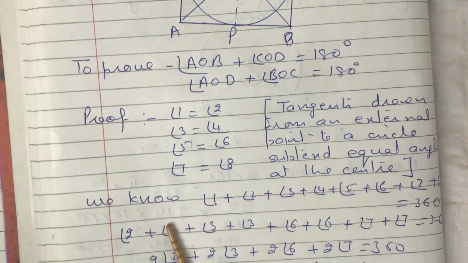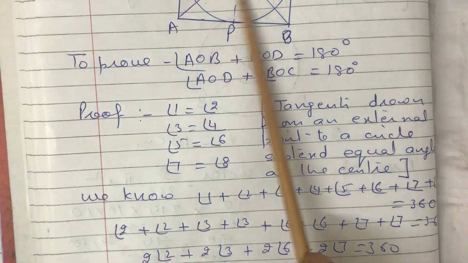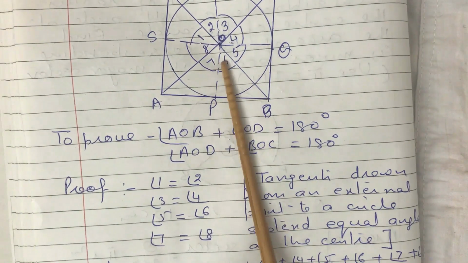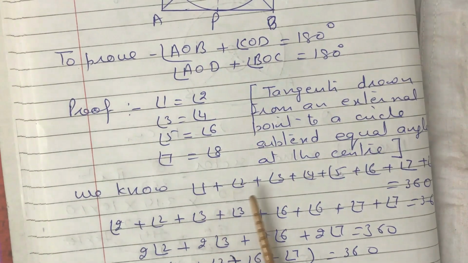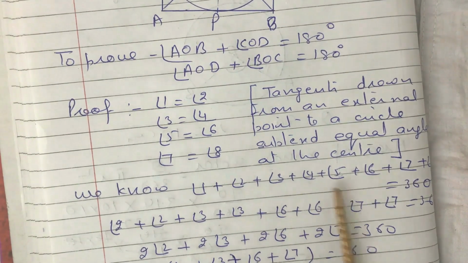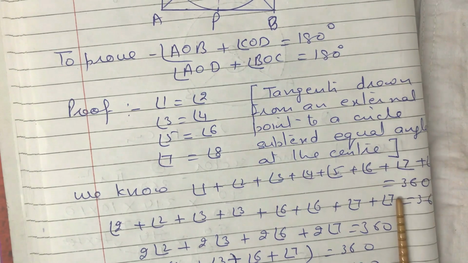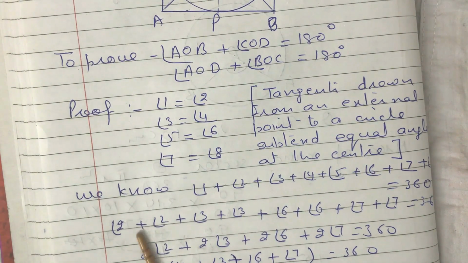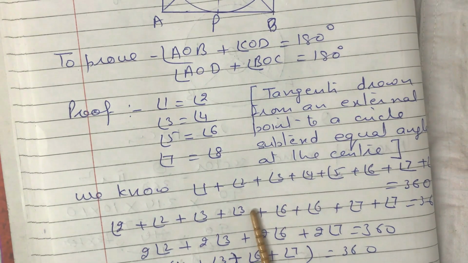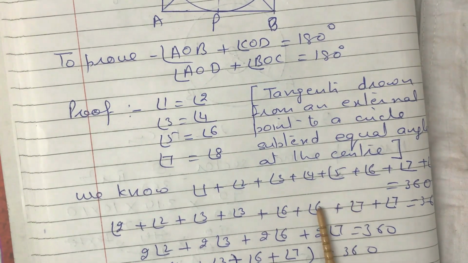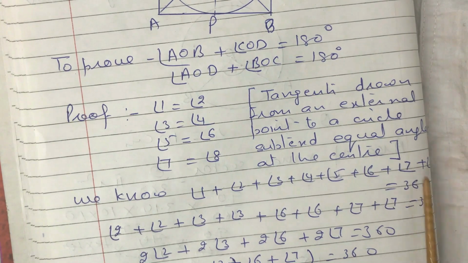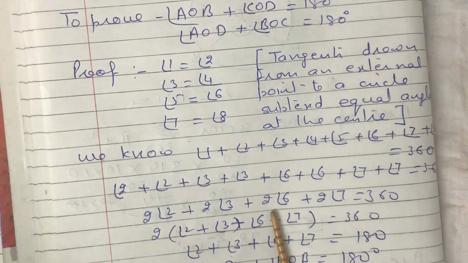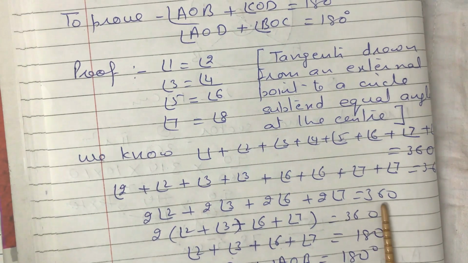We also know the sum of all these angles is equal to 360. So angle 1 plus angle 2 plus angle 3 plus angle 4 plus 5, 6, 7, 8 is equal to 360. So instead of angle 1, write angle 2. Instead of angle 4, write angle 3. Instead of angle 5, write angle 6. Instead of angle 8, write angle 7. So 2 times angle 2 plus 2 times angle 3 plus 2 times angle 6 plus 2 times angle 7 is equal to 360.